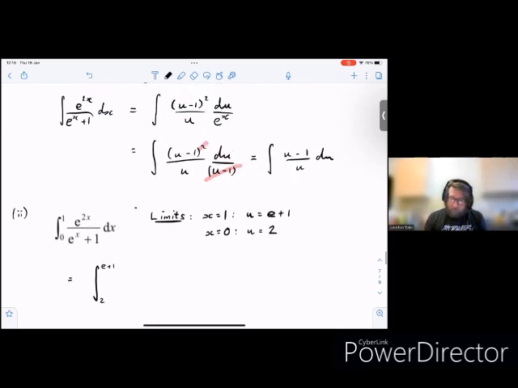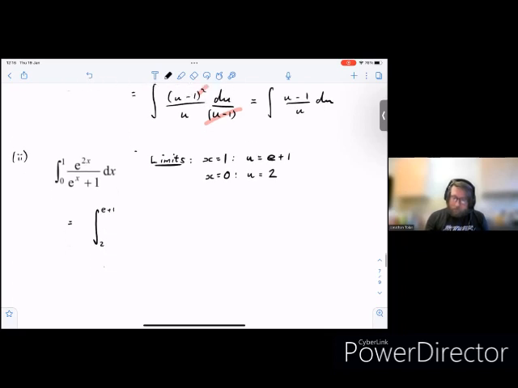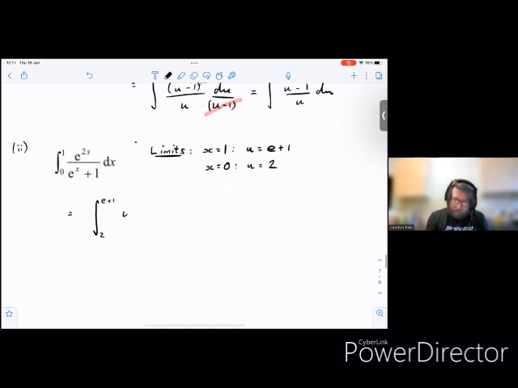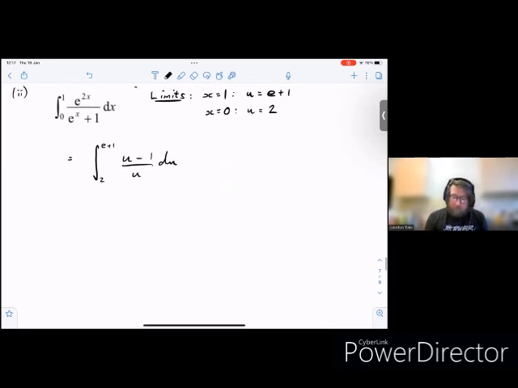We've already transformed that, so we can just change that into u minus 1 over u du. Now here's the point of changing a fraction so that it has two terms in the top: so that we can split it, so it becomes u over u minus 1 over u.